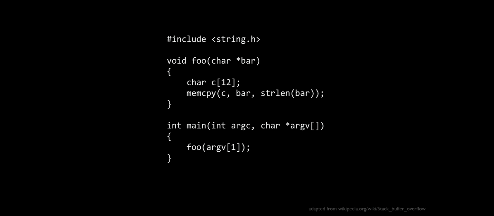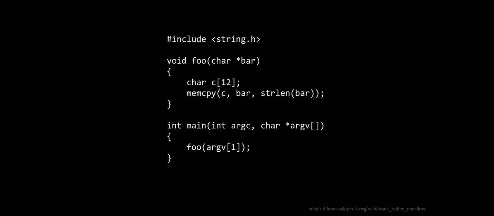Well, what does foo do? Foo takes a char star as input. Now, a week ago, we would have said string bar, but we don't need to hide that detail anymore. Bar is just the address of a character. Foo returns nothing, but has two lines of code. First, it declares an array called c, just because. This is kind of a contrived example online, but the pictures will tell it all, of size 12.